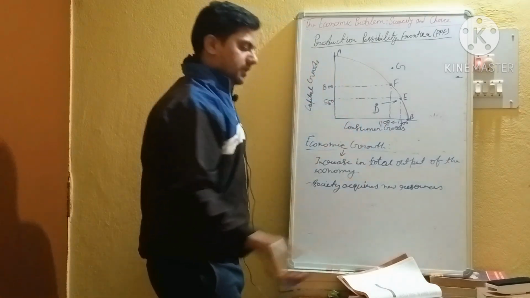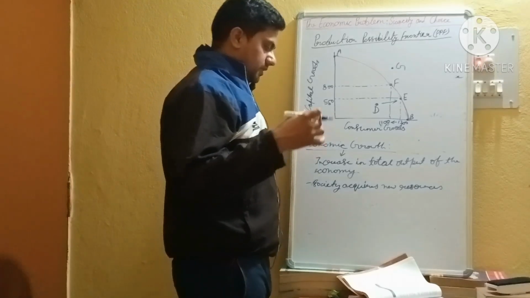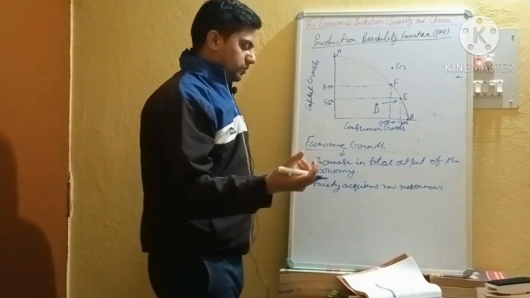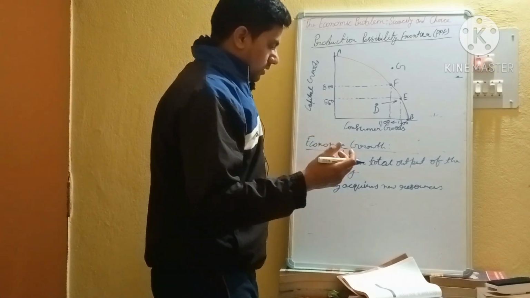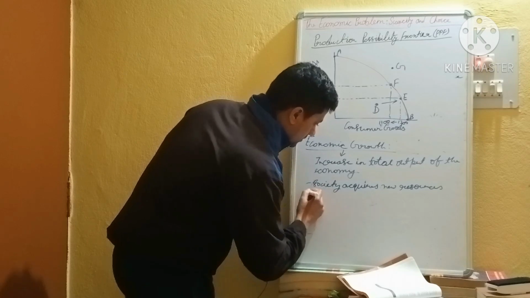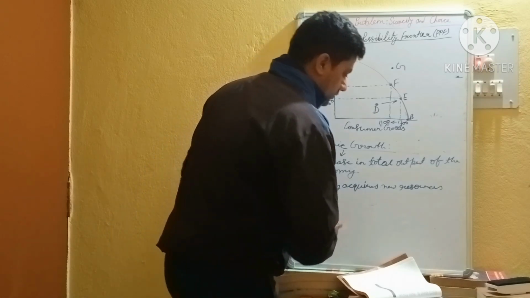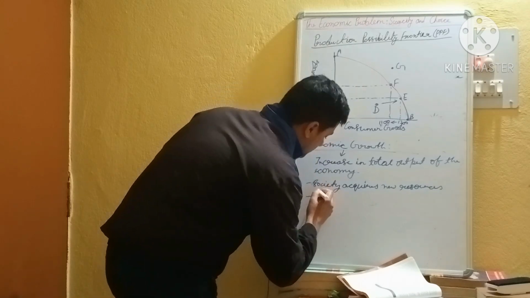Then in that case there is economic growth. And whenever there is a new way to produce goods, and the second one we can say, learns to produce more with existing resources.